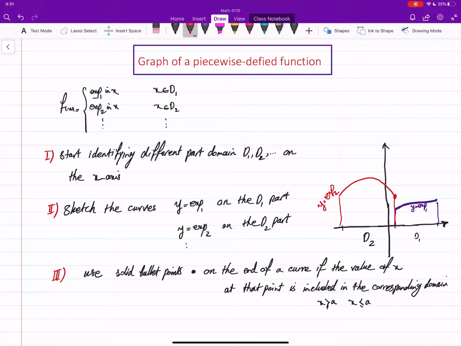Or here, for example, if x is less than or equal to this point at the end, you put a solid point just to emphasize that the curve includes that point on this part of the graph.